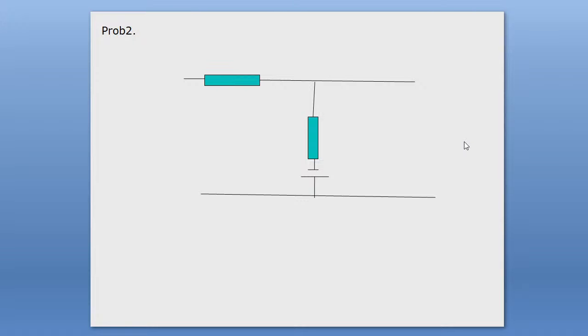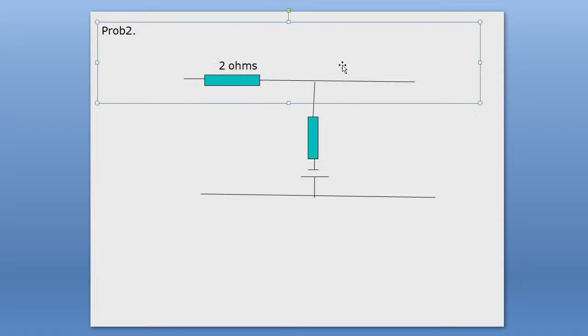Now you will consider the resistance values for this case as 2 ohms. This is 2 ohms, 2 ohms. Okay, and this one is 4 ohms.